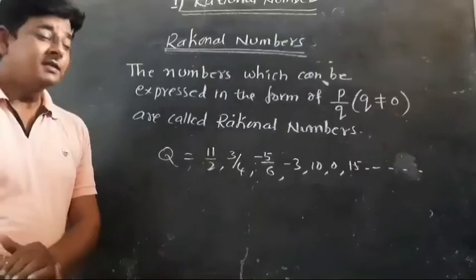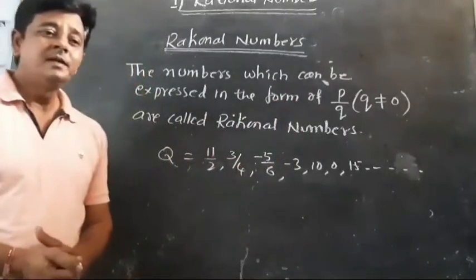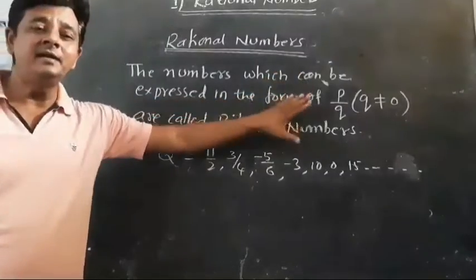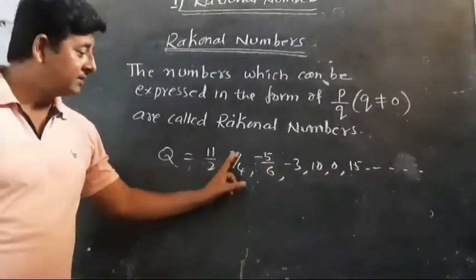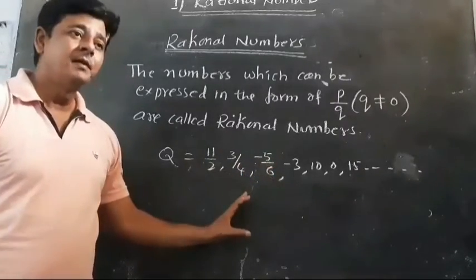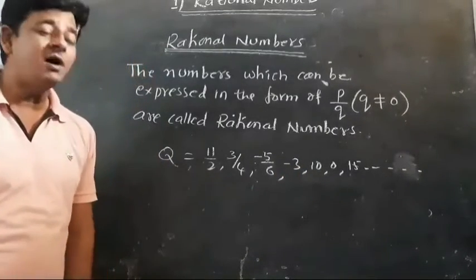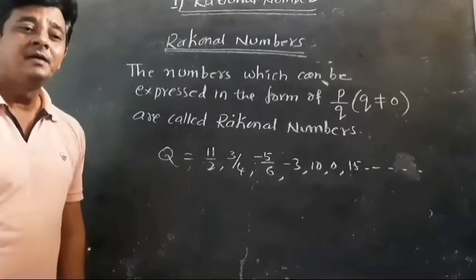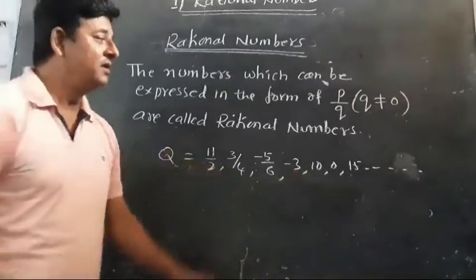The fractions have a numerator and denominator, and here 11 by 2, 3 by 4, minus 5 by 6 are fractions, P by Q. But what can we say about minus 3 or 10 or 0 or 15, etc.? All these numbers you can indicate by a fraction also.